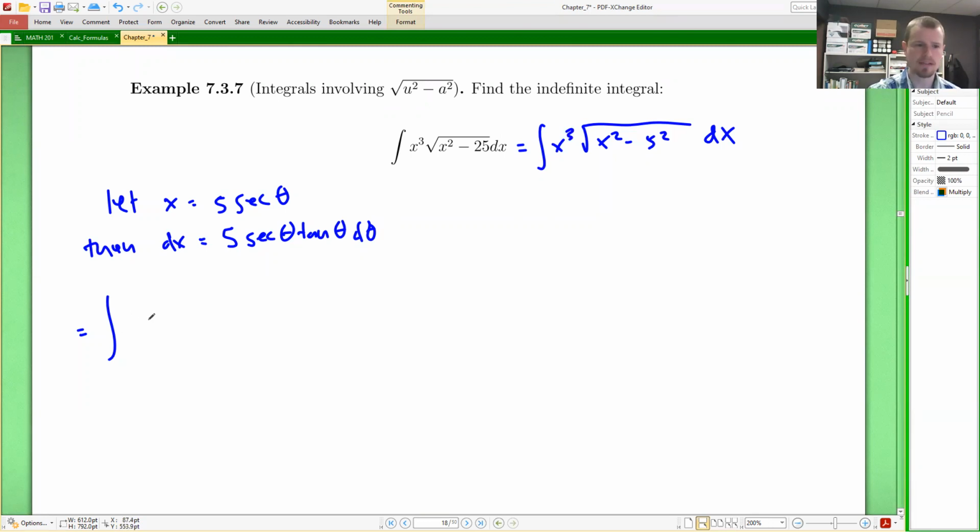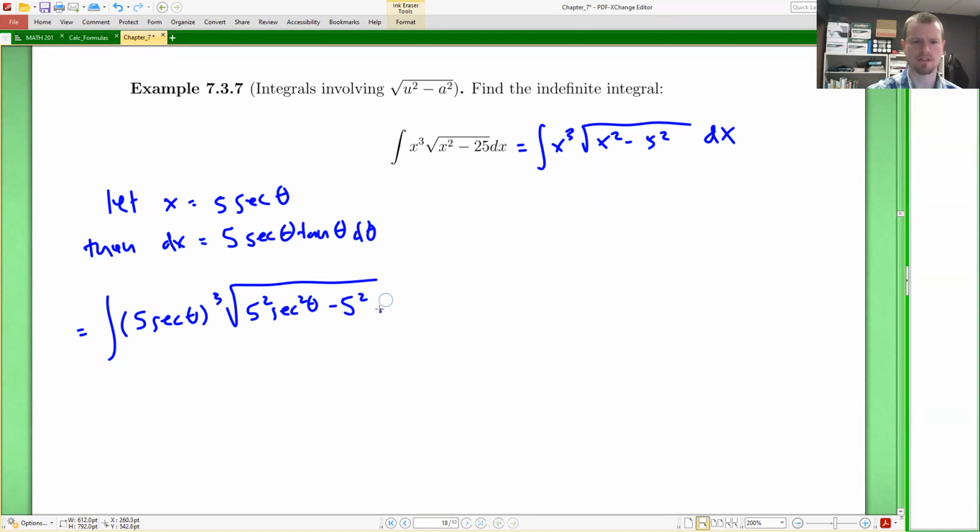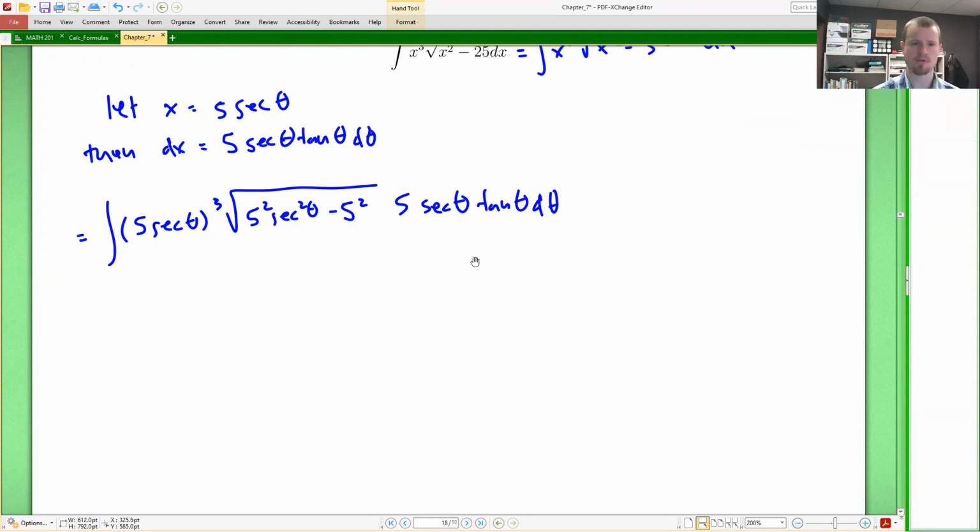The integral is x being cubed, so this is 5 secant theta cubed times the square root of, making our substitution, 5 squared secant squared theta minus 5 squared, and dx is 5 secant theta tangent theta d theta. So there's quite a bit going on there.